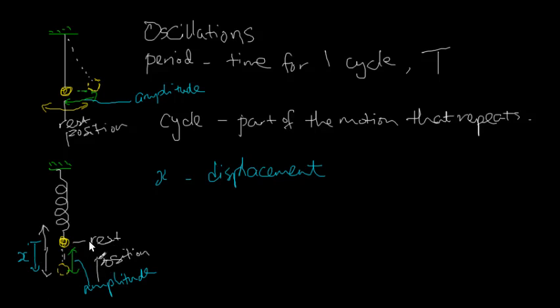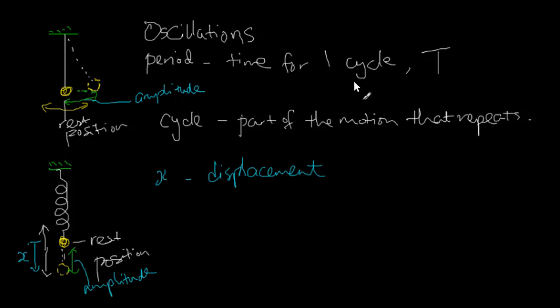And you can see from here that for the spring, it's sometimes on one side of the rest position, sometimes on the other side, and in the pendulum it's sometimes to the right and sometimes to the left. So this displacement has a direction, okay? And we can think of it as a number, and we can give positive and negative signs to the two directions. Okay, so x is the displacement, and then there is the idea of a frequency.